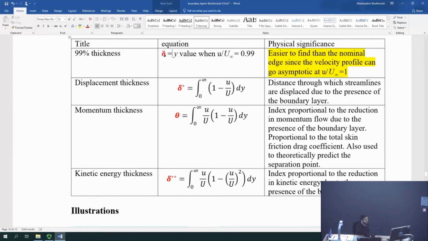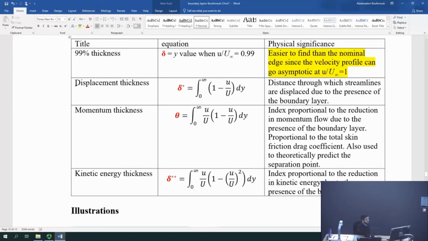So delta is the thickness of the boundary layer, or the height of it from the surface, when the local speed u is 99% of the free stream speed. So wherever the local speed little u is 99% of u infinity, or almost u infinity, that defines the boundary layer thickness. So it's basically the thickness, all right?